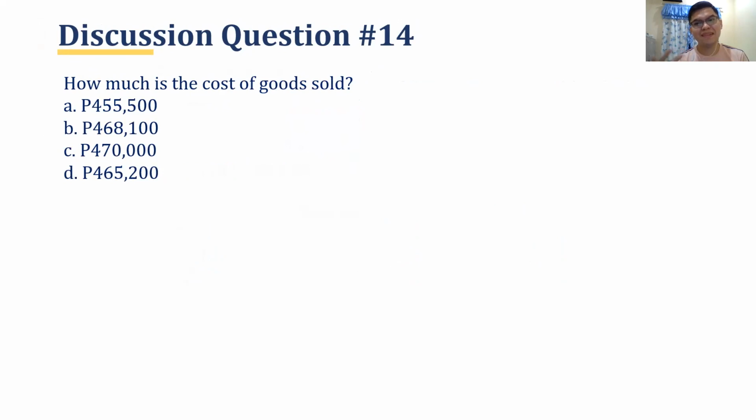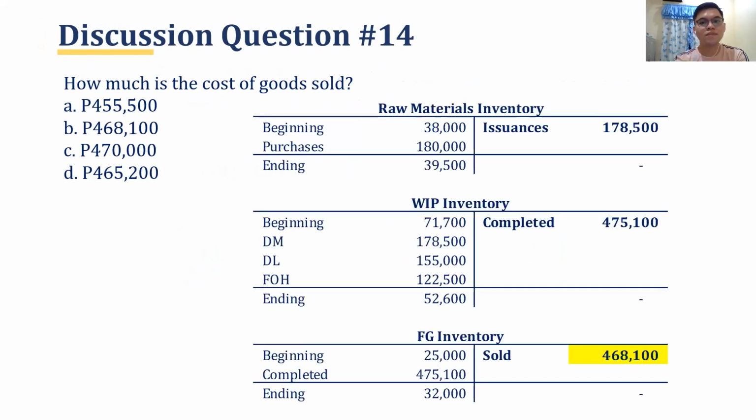So, madali lang. You just plot this sa ating T accounts. Ito, you start with raw materials inventory. Check back on the given. May beginning balance na 38, may ending balance na 39,150. Meron siyang net cost of purchases na 180,000. So ayun, pagsama mo lang yung beginning balance at yung cost of purchases, i-deduct mo yung ending balance, there you get your materials issued at 178,500.